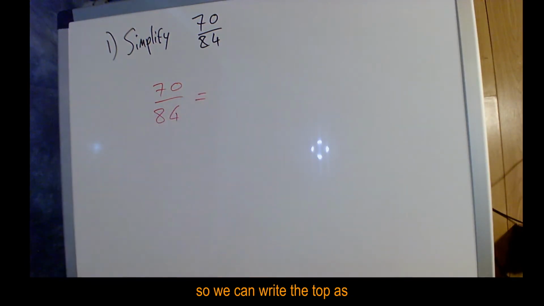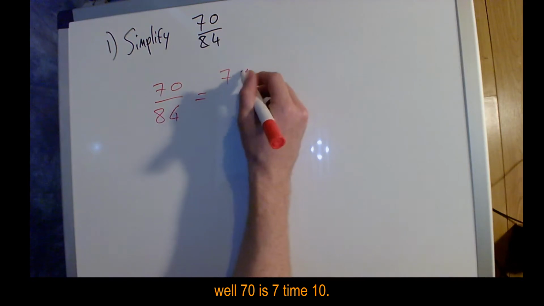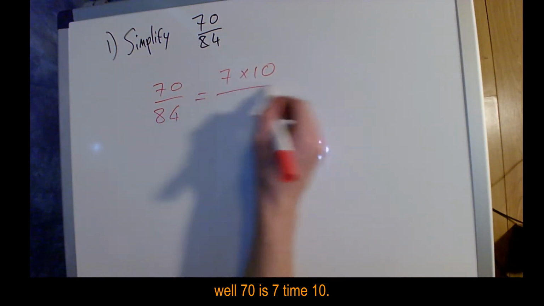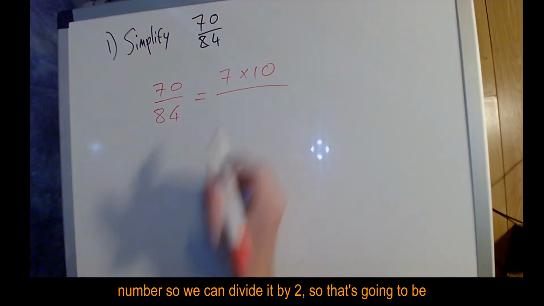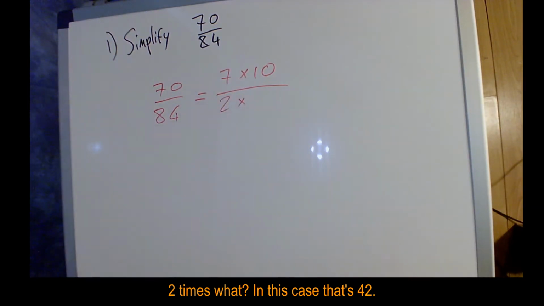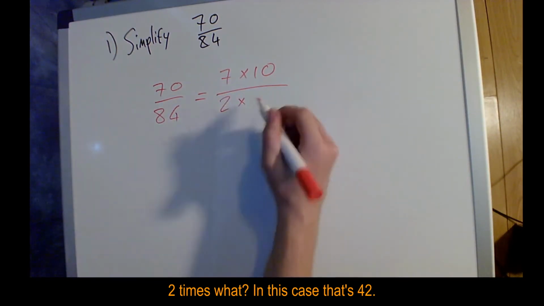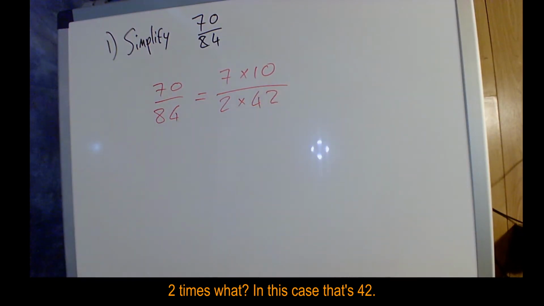So we can write the top as, well, 70 is 7 times 10. And the bottom, well, that's a bit more work to work that out, but we know it's an even number, so we can divide it by 2. So that's going to be 2 times what? In this case, that's 42.